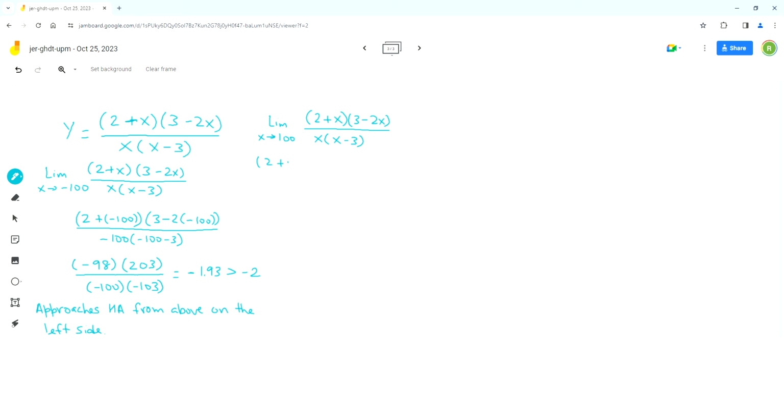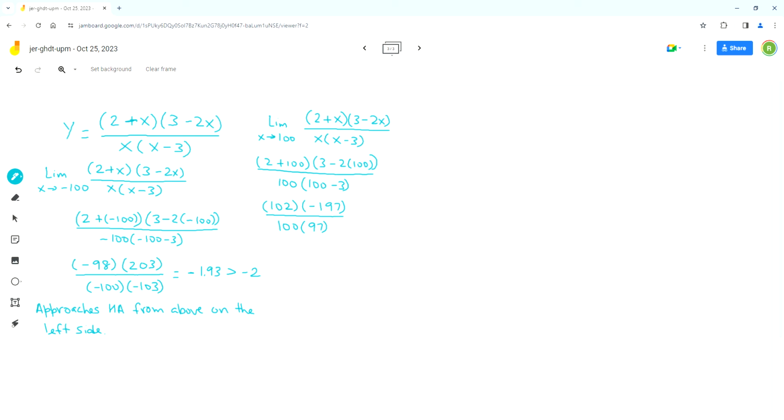So we get 2 plus 100 and 3 minus 2 times 100 over 100 times 100 minus 3. So in the first parentheses we get 102, and in the second parentheses 2 times 100 is 200 and 3 minus 200 is negative 197, over 100 times 97.